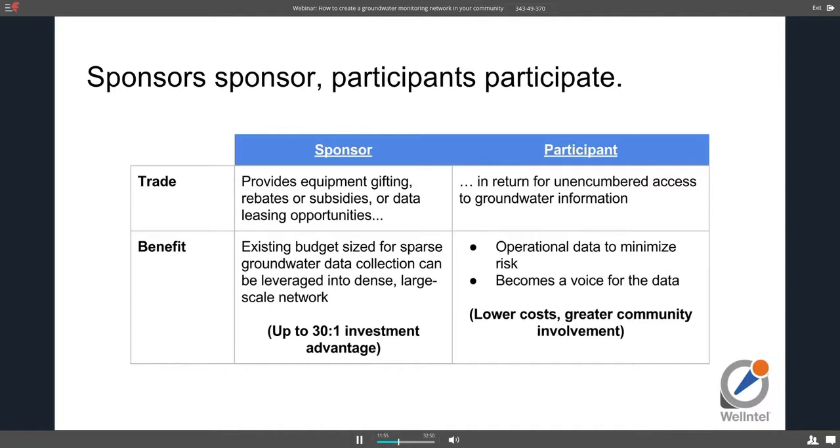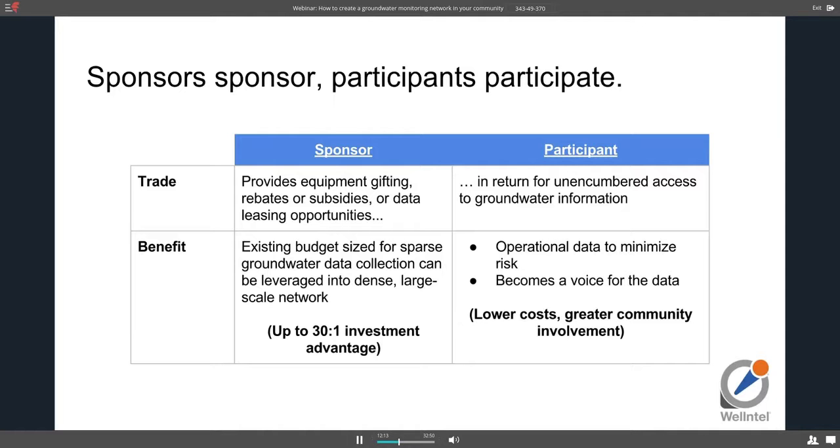In the case of the sponsor, we're really talking about a giant economic benefit, up to a 30-to-1 investment advantage over prior or conventional technologies that would have been used for groundwater level monitoring systems before.